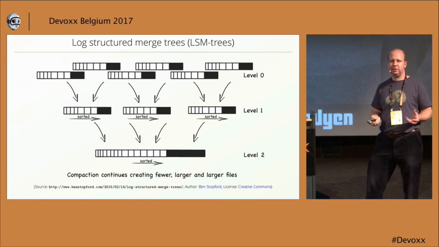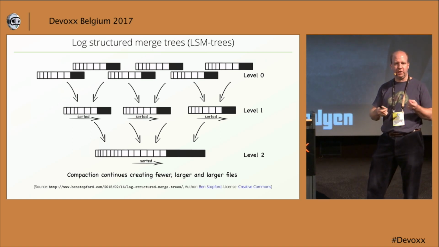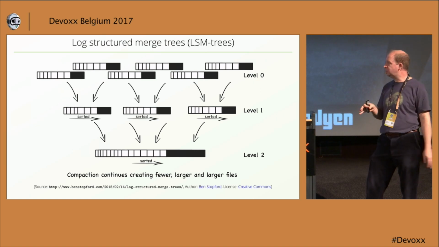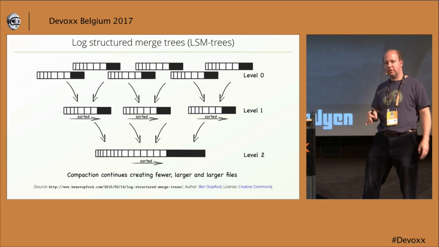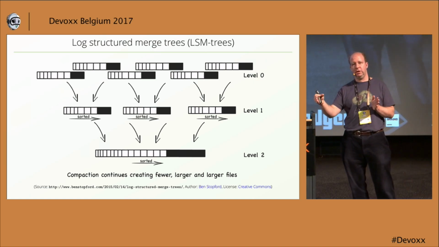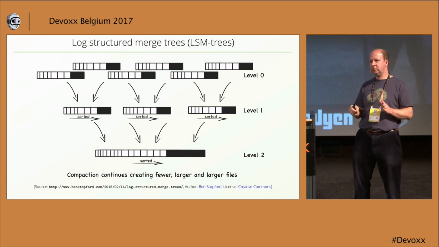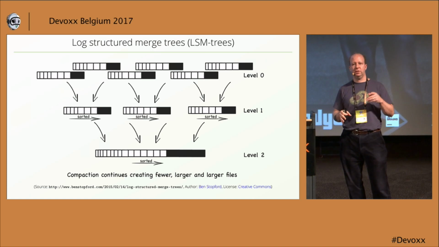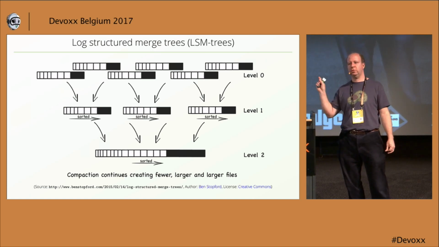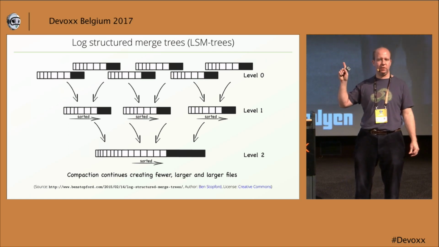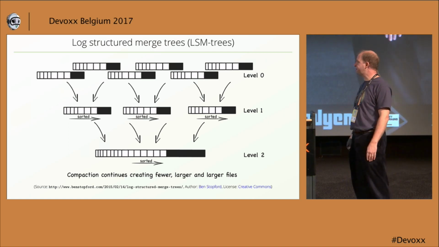And even modern SSDs, although you would expect that they are random access fast, due to their block structure and their possibilities for erasing and so on, they are much faster if you can write sequentially. So therefore, this technique also makes much better use of modern hardware than other techniques which have to do random accesses all the time. So this works for SSDs and it works equally for spinning rust.